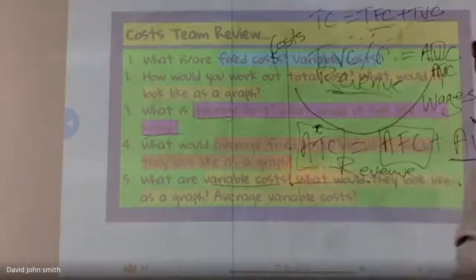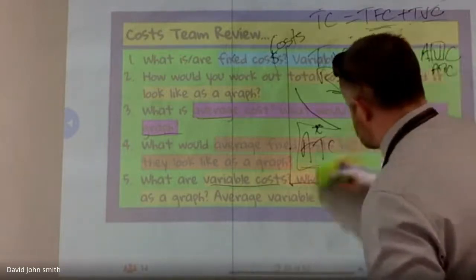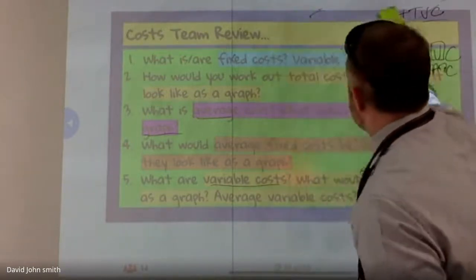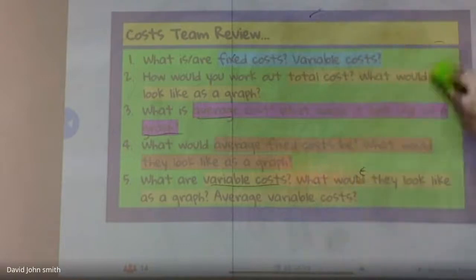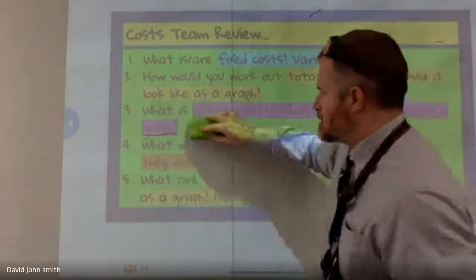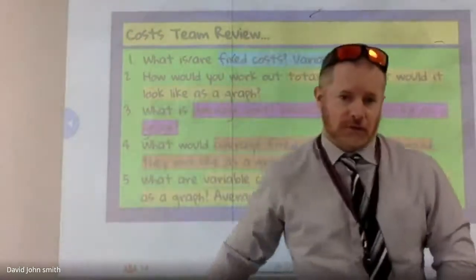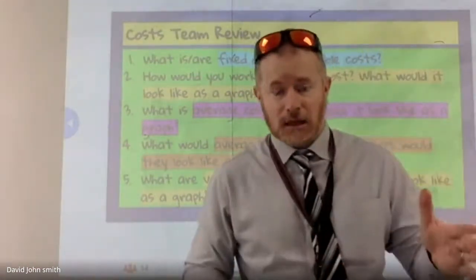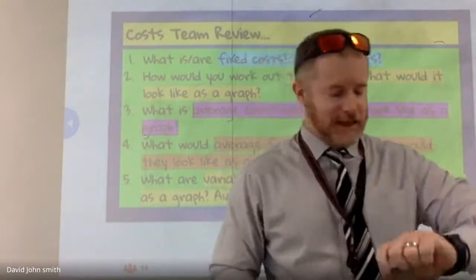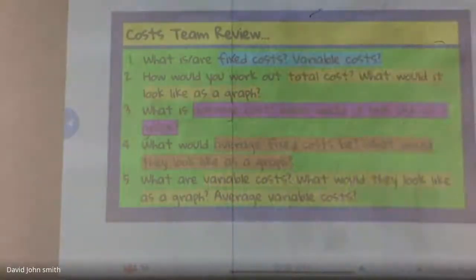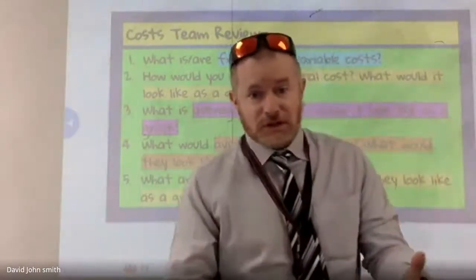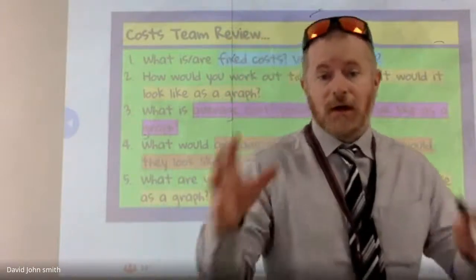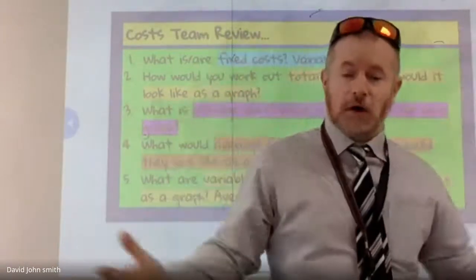And over time, when you start doing IB economics, you're going to learn much more about why the maths does what it does and the significance of those particular curves. But for IGCSE economics or ICSE, you don't necessarily need to go that far into it. But if you are wanting to, I'm happy to go through it with you. But it might just go right at this particular point.